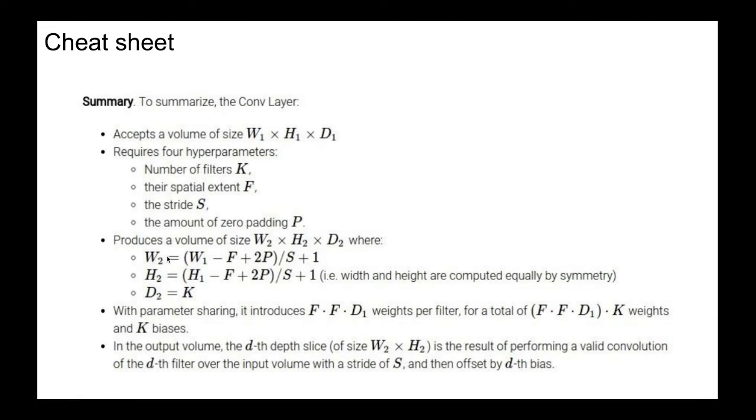So instead of using a fully connected layer, if I'm using a convolution layer, to what extent am I reducing the number of parameters?